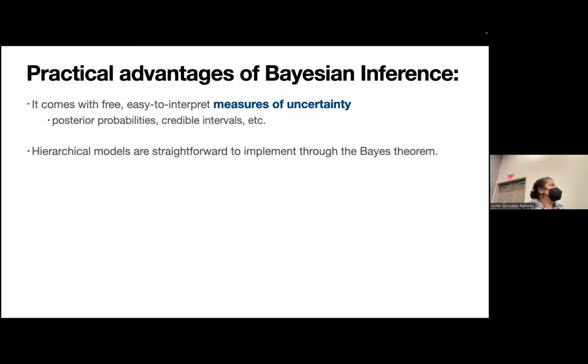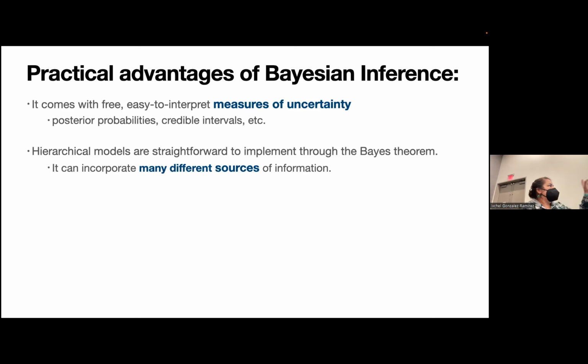Another practical advantage is the fact that we can easily build hierarchical models because the Bayes theorem works in a way in which you can build complex models really straightforward, at least theoretically, okay?